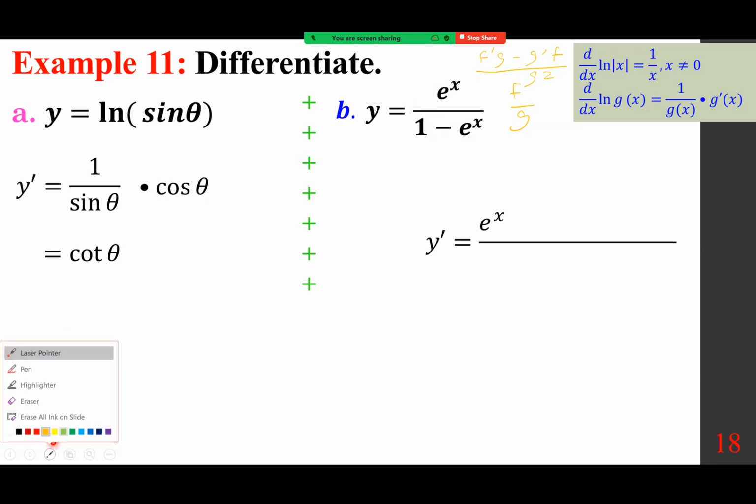This is supposed to be x times 1 plus x. This is supposed to be plus x.